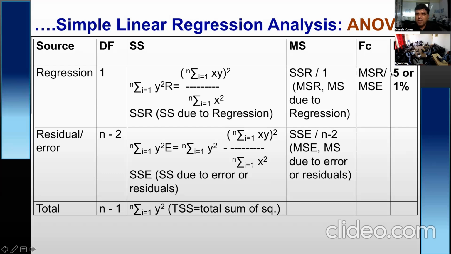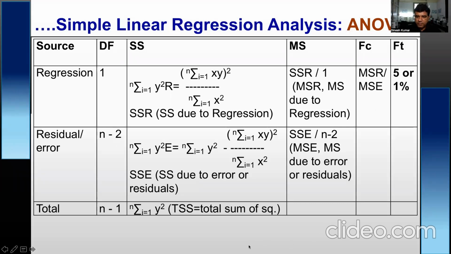Horizontal will be the regression degree of freedom, 1, and vertical n minus 2. So at 1 and n minus 2, we can see the table value of F, and if our calculated value is greater than the table value, then regression is said to be significant.